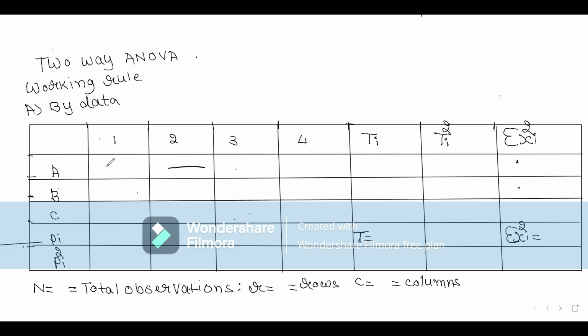This value divided by, look here, 1, 2, 3. This divided by 3. And this again divided by 3. And this divided by 3. This is summation of Pi square. Look here, this divided by 3 plus this divided by 3 plus this divided by 3. And minus a CF.